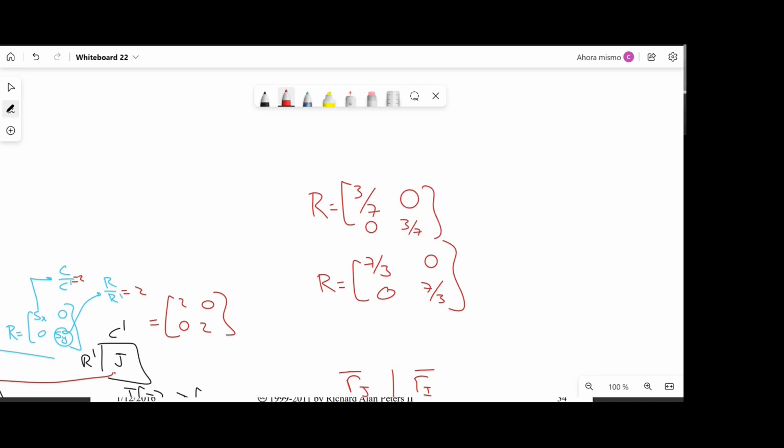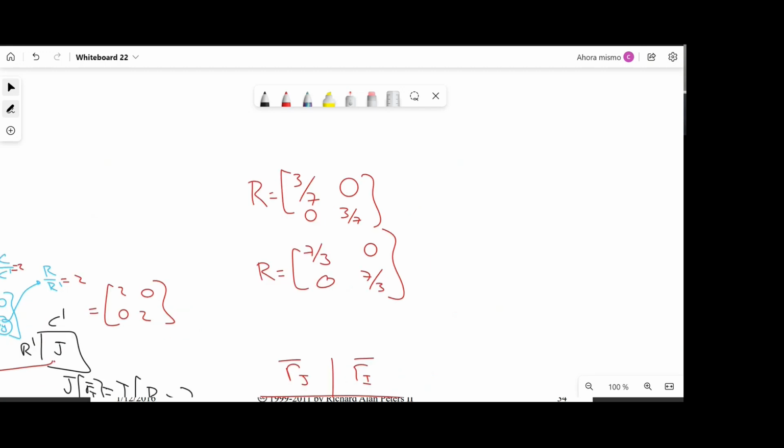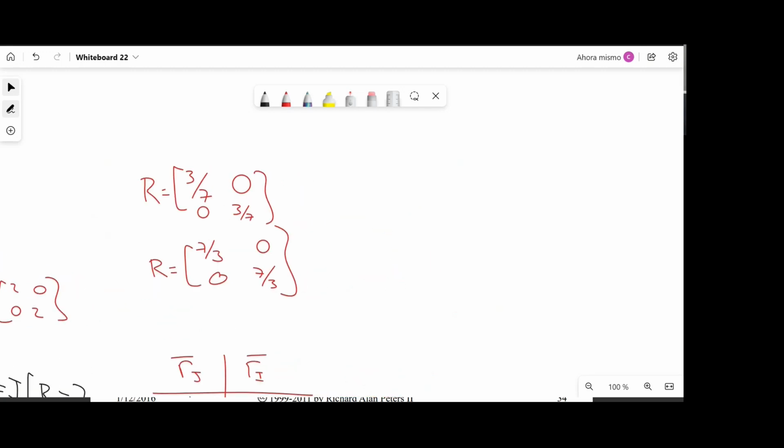So all these matrices that have a scaling factor, if the scaling factor is larger than 1, what I'm doing is a reduction. If the scaling factor is smaller than 1, what I'm doing is a zoom. Zoom in.